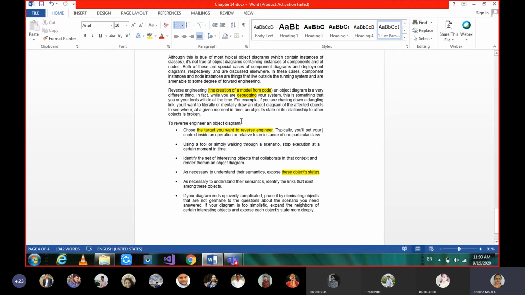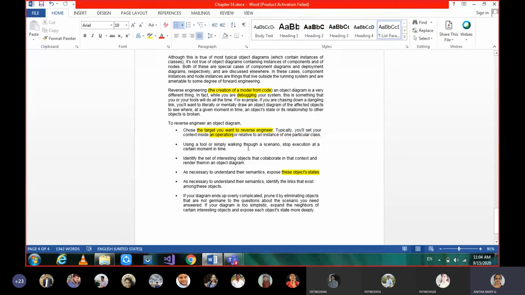So the target is some block of code you want to get the model of, and you have to select that. Many times it will be an operation, or some block of code or function. When you reverse engineer a particular operation, we look at which class that operation belongs to, and that class's attributes and so on. That is how we represent it in our UML diagram, which is called the model.